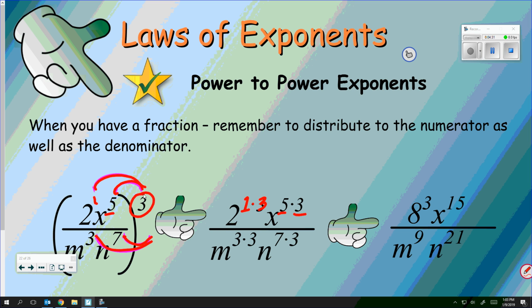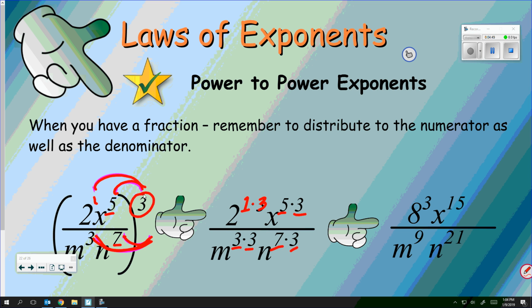Then you go to the bottom of the fraction. And again, remember, we're distributing to the bottom. So we have 3 times that 3 that we distributed. And then n, whose exponent is 7, and we distribute that 3 there as well.